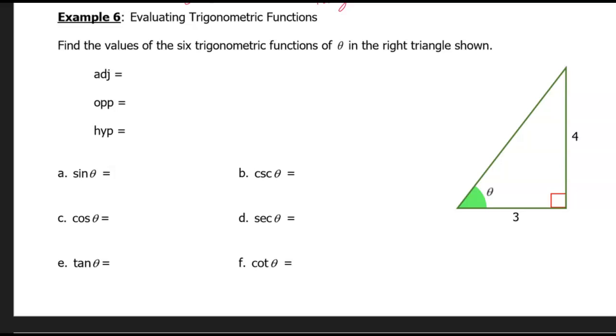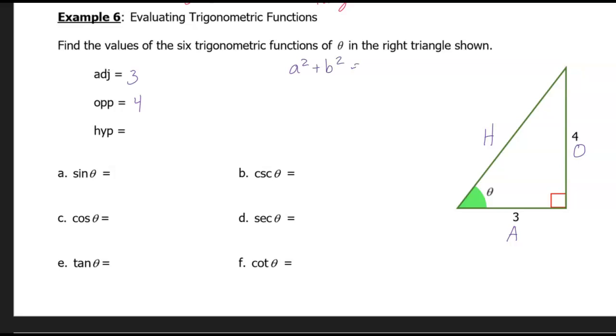On this example 6, what is our adjacent side if that green angle down there is our theta? 3 is adjacent, right? It's the side touching our angle. What's our opposite side? 4. And what's our hypotenuse? And how did you get that? Oh, it's a Pythagorean triple.